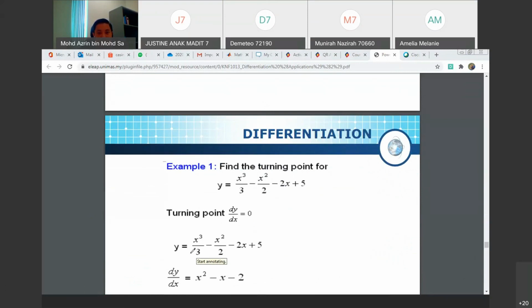So let's say when you get this equation, then you need to find the f prime, okay. Right, ataupun you dapat dy dx, you need to find the dy dx kan. Then you need to do some tables, contoh-contoh some table.